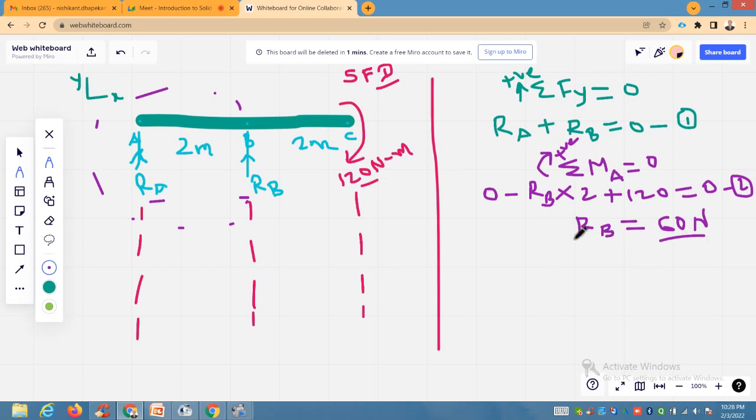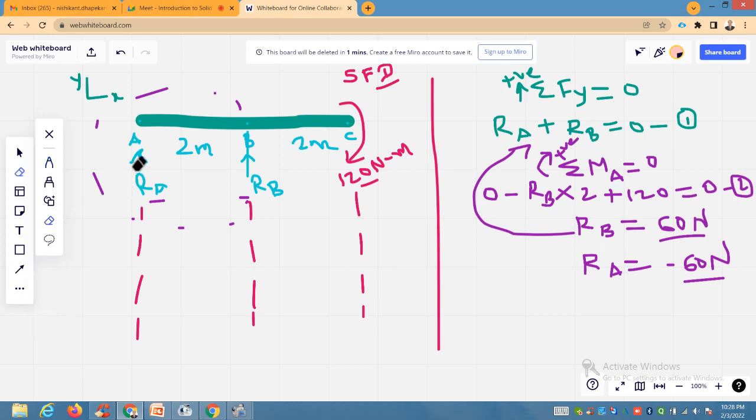So RB is 60 newtons, and if you substitute this value in equation 1, you will get RA as, you substitute 60, it will move to the right hand side, so you will get minus 60 newtons. So in this way you have determined the reactions.